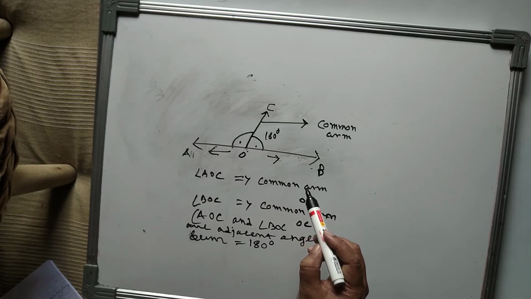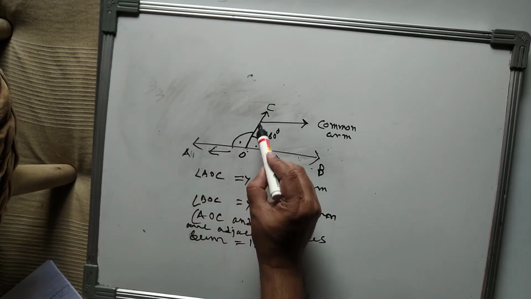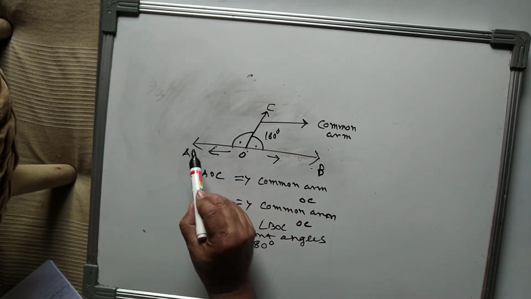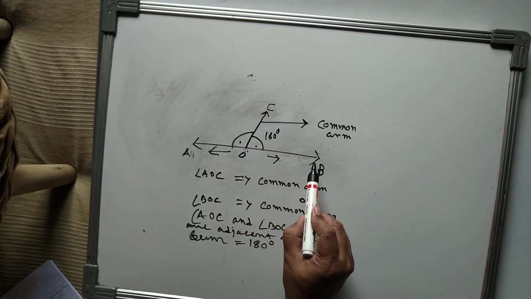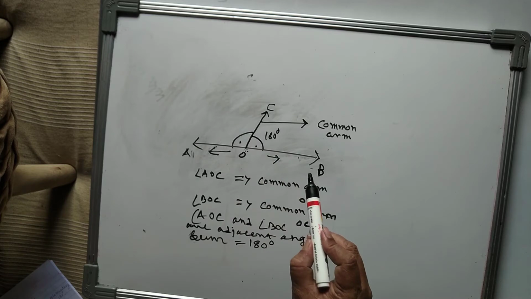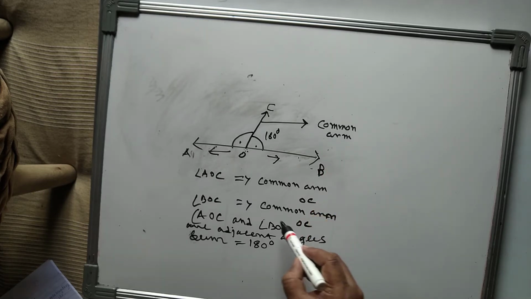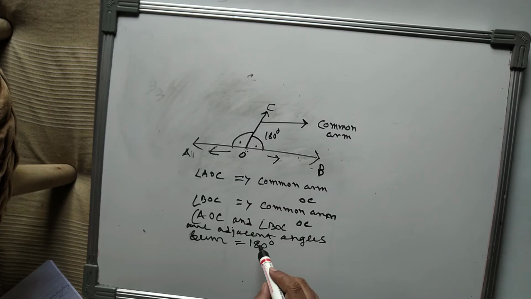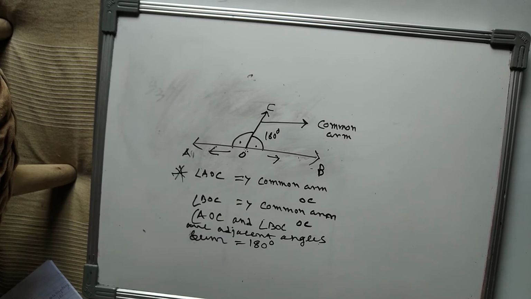So angle AOC, see the movement of the pen, AOC and BOC are a linear pair of angles, and the sum of the angles is 180 degrees. This is very important. Linear pair of angles.